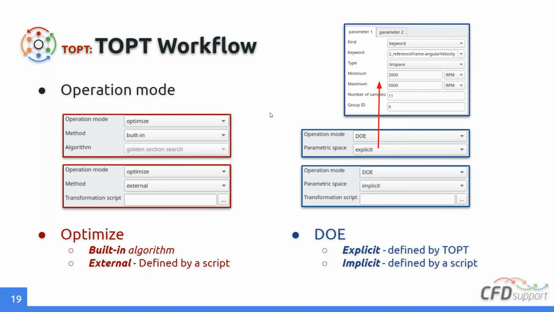As I already mentioned, there are two modes, optimize and DOE. In optimize, there is a built-in algorithm called golden section search.